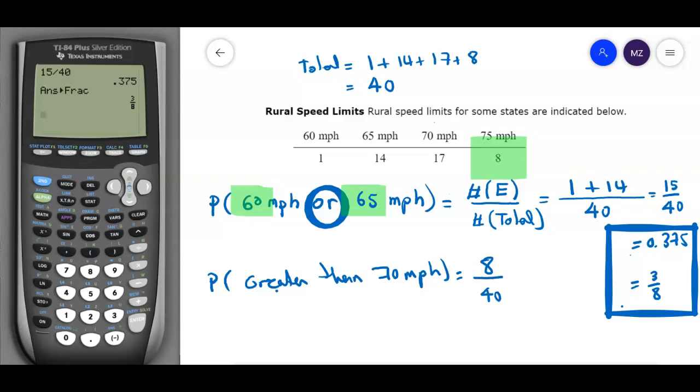Again, I don't want to risk it. I know this is going to be 1 over 5, but again, calculator, please use it. So 8 divided by 40 gives you 0.2. 0.2 is a good answer.